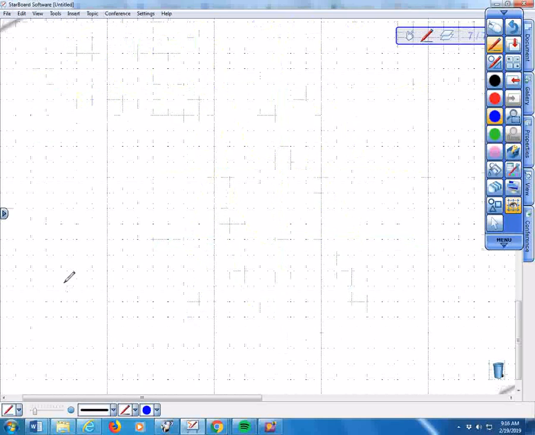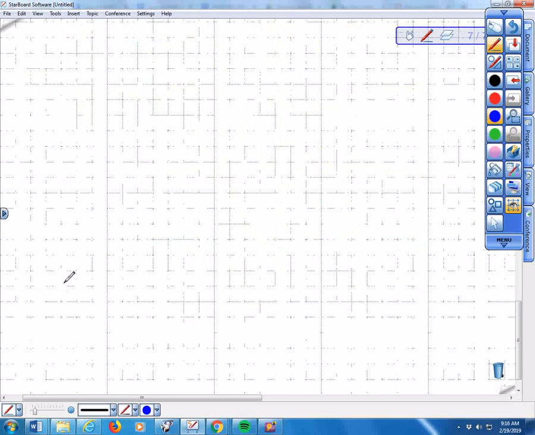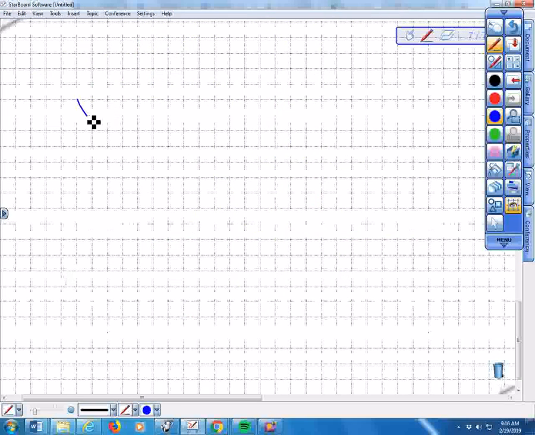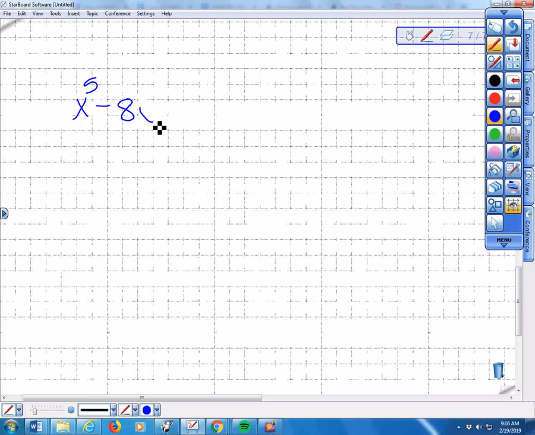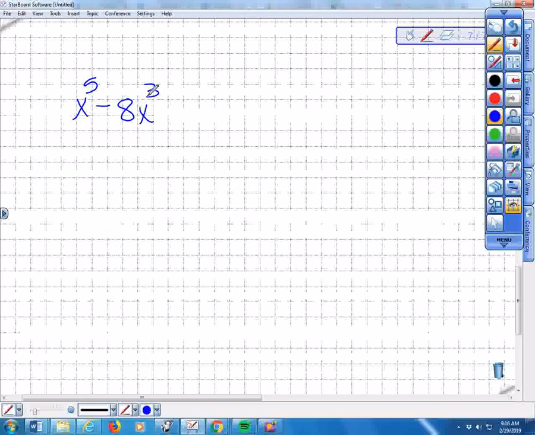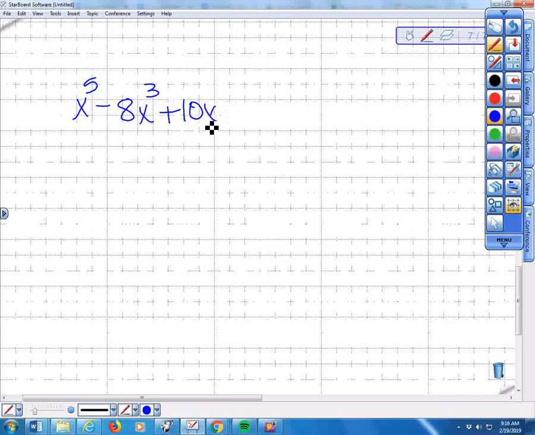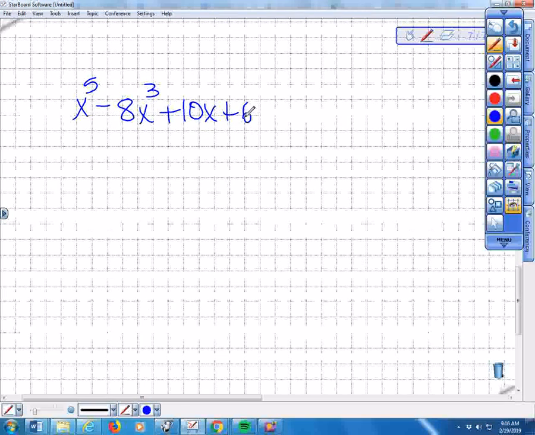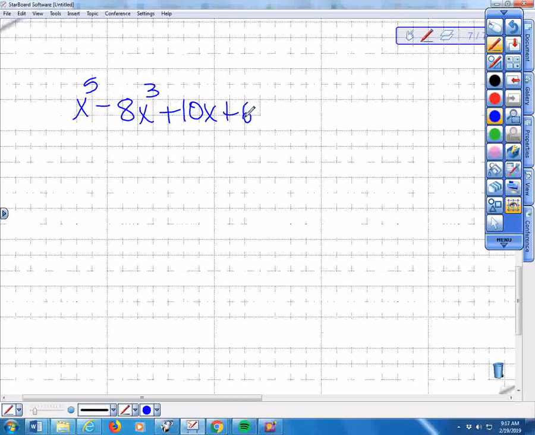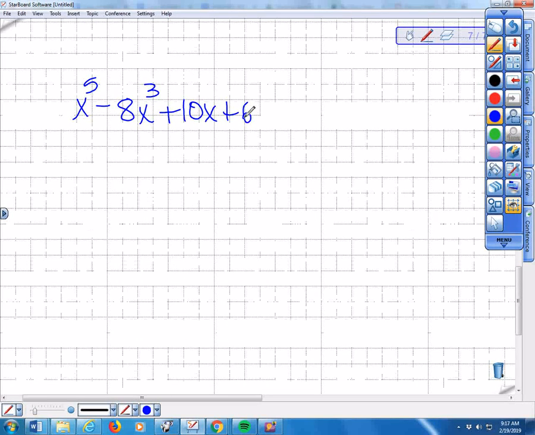How would you graph 8x cubed plus 10x plus 6? How would I start this?